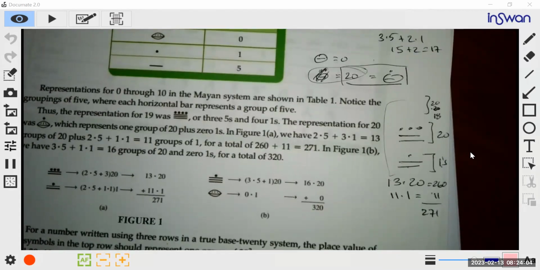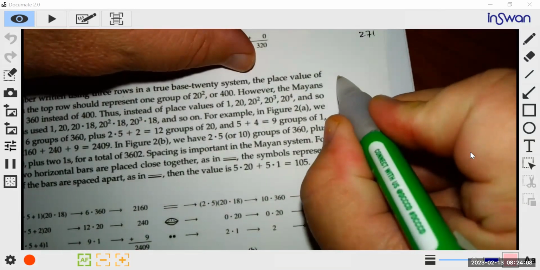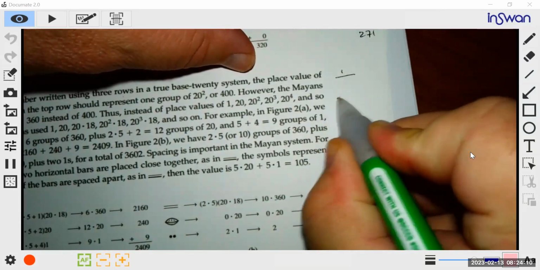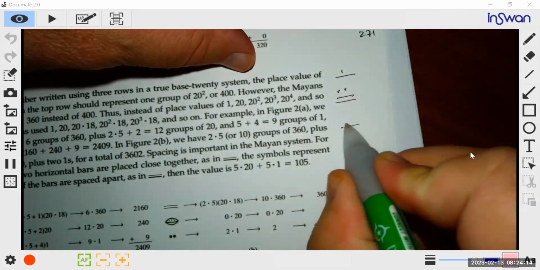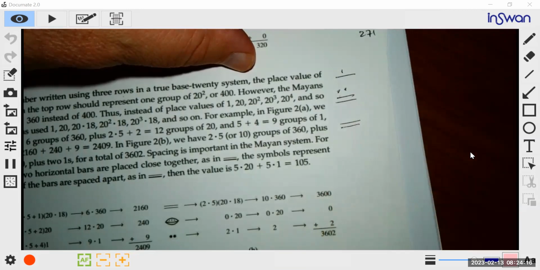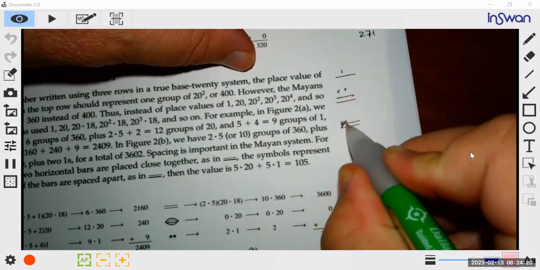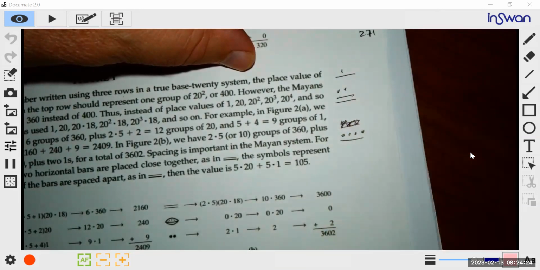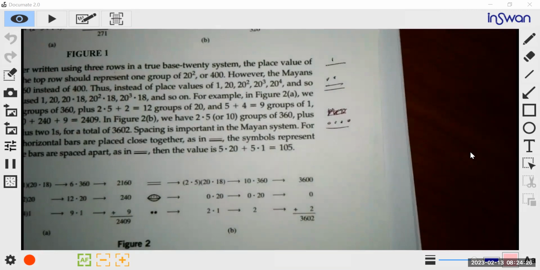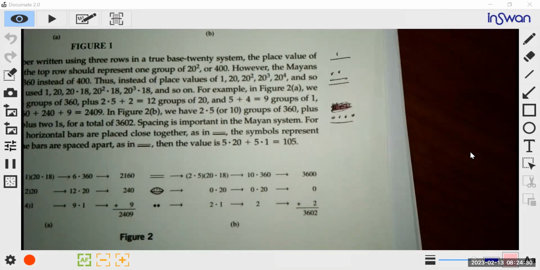So if I gave you this number, make this one. That's a mistake. If I gave you this number, what number would it represent?